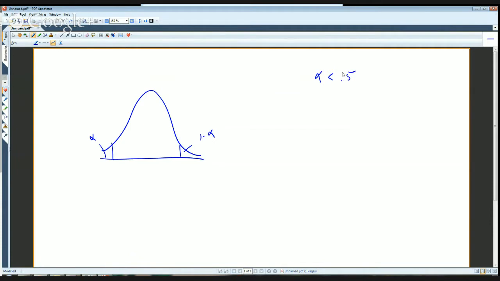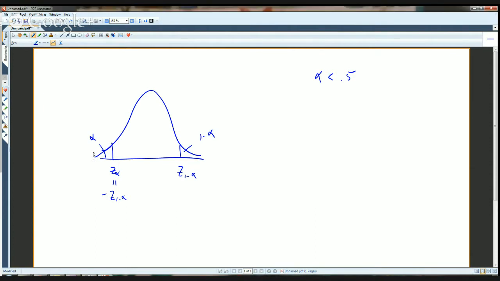The z alpha quantile is equal to the negative z 1 minus alpha quantile. Okay? So I think that the crux of the question is, which quantile do I use in which setting?